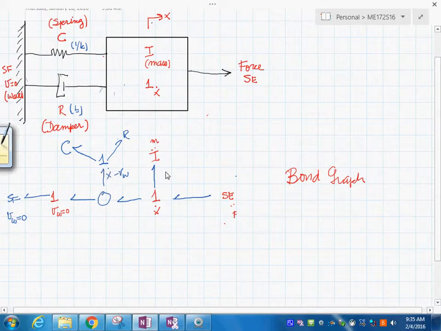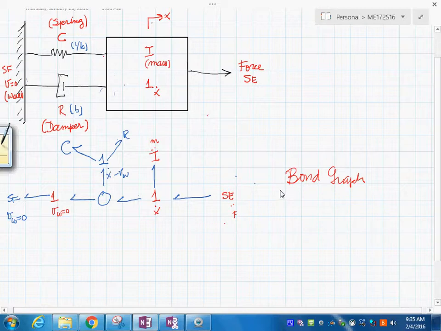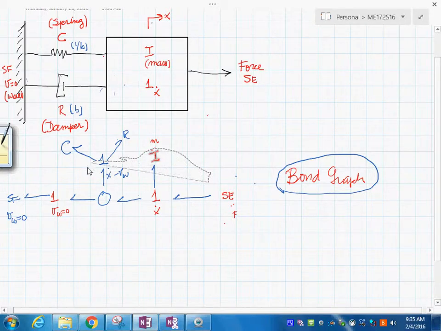We have, in fact, created a bond graph model that can actually be used in Simulink. This is how we represent the system.